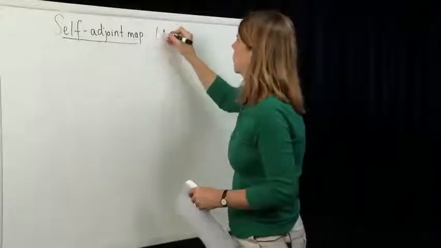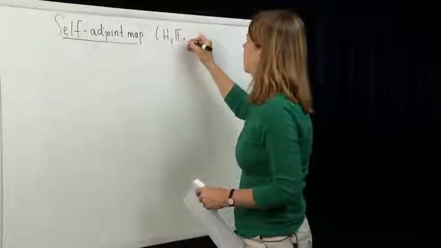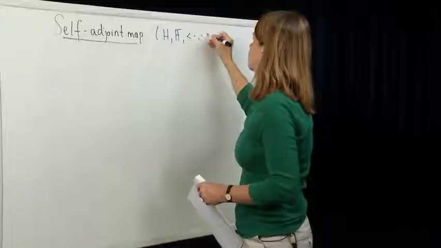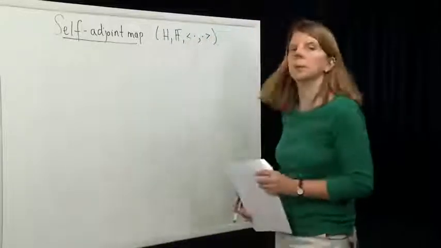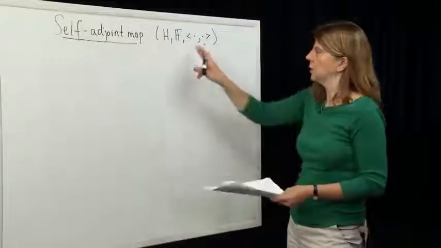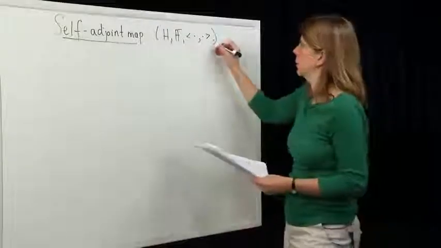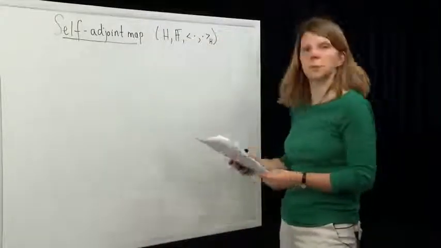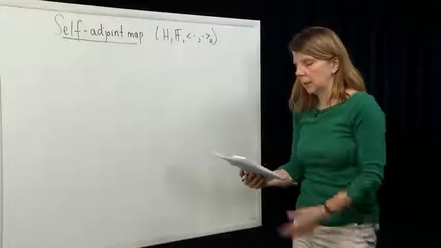So how do we define a self-adjoint map? Again, we're going to be working, as we have been doing, on inner products, well, generally Hilbert spaces, so complete inner product spaces. We've endowed that with an inner product, over whatever vector space H we're looking at.